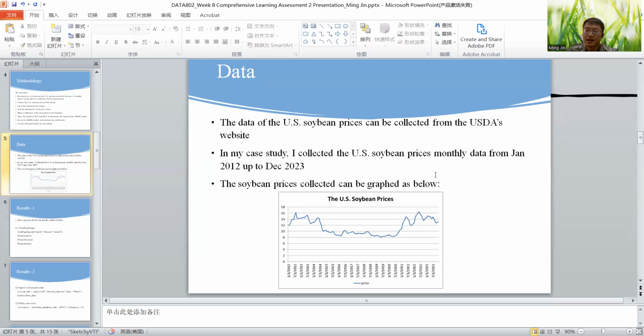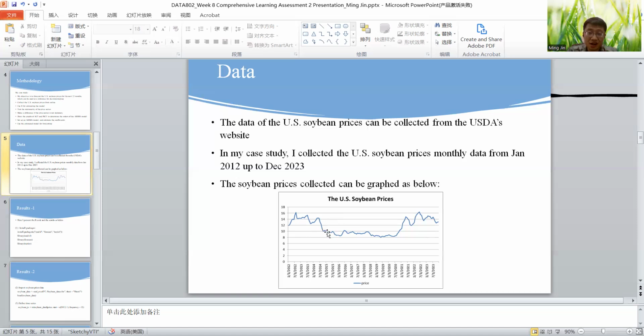I graphed the US soybean prices series as below, so that we can see, starting from January 2012, at first the soybean prices rose, then peaked, and then kept going down.